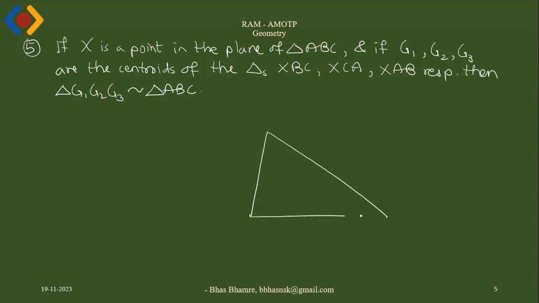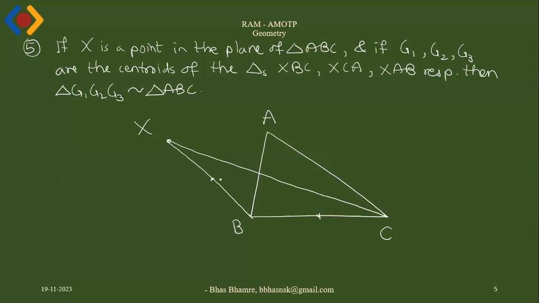Suppose this is our triangle ABC. I am taking X here, or here, or here, wherever I can. Suppose X is here. Then our first triangle is XBC. A' is the midpoint. Suppose here is the midpoint.